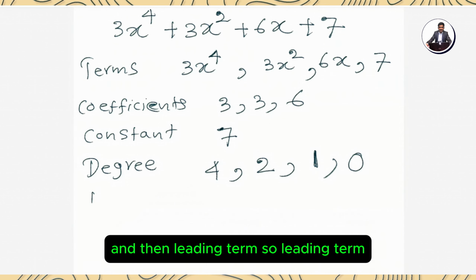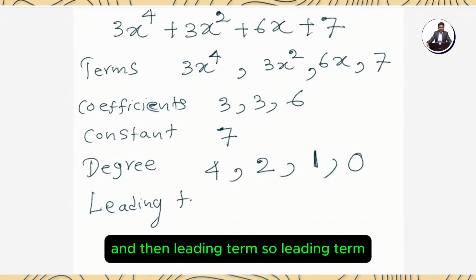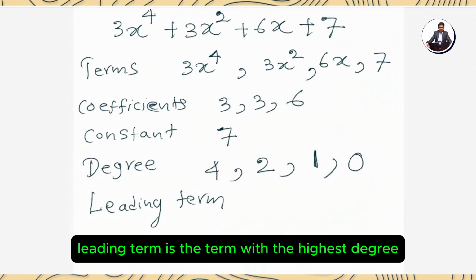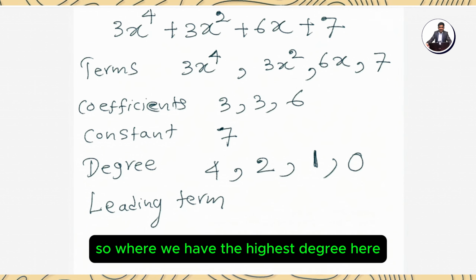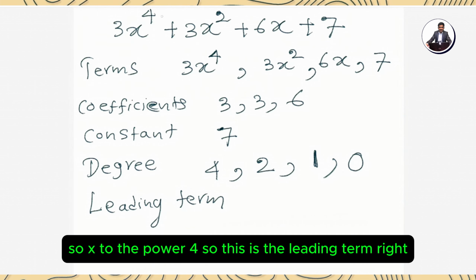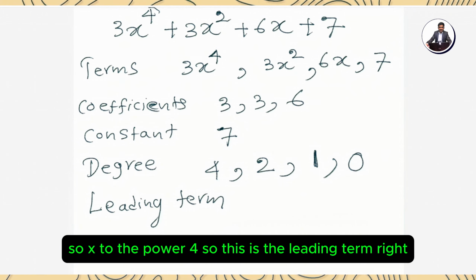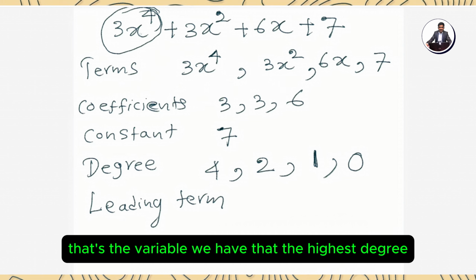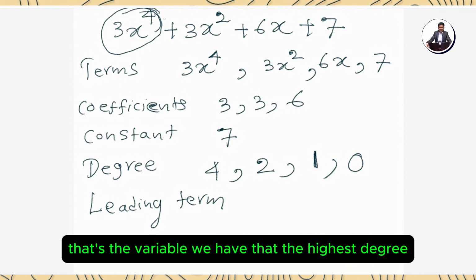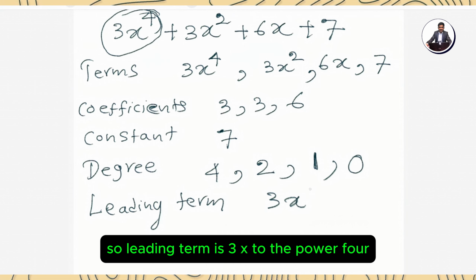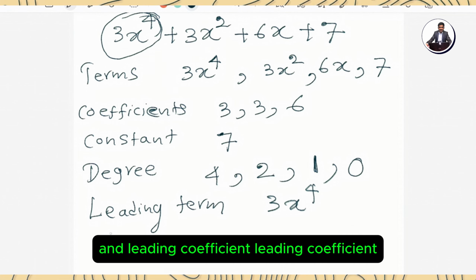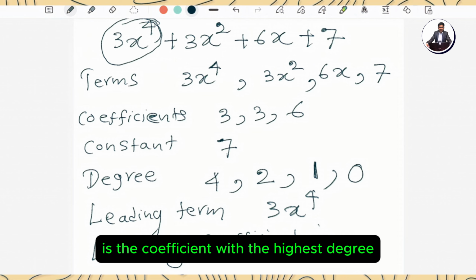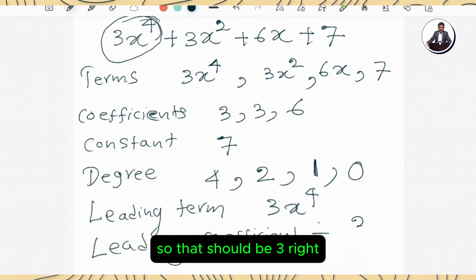Then the leading term is the term with the highest degree, which is x to the power 4. So the leading term is 3x to the power 4. And the leading coefficient is the coefficient of the highest degree term, so that should be 3, right?